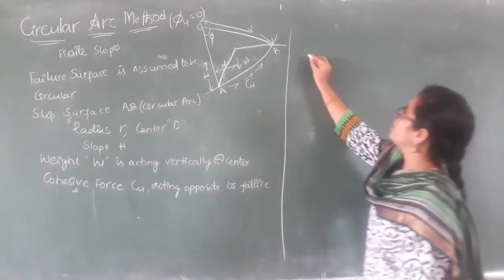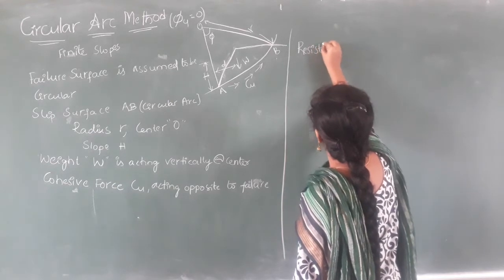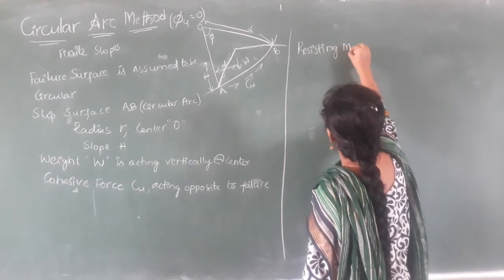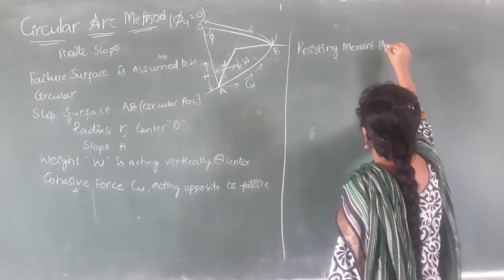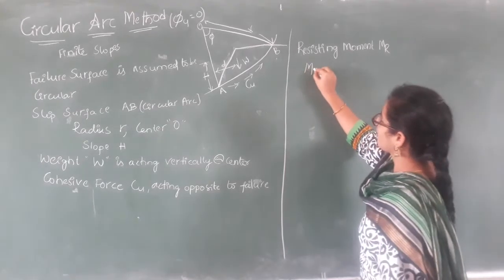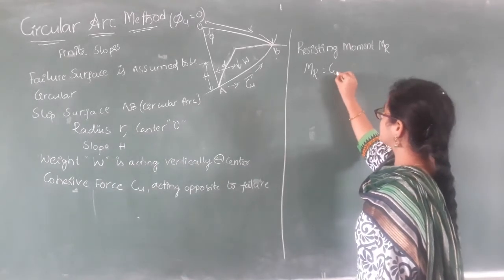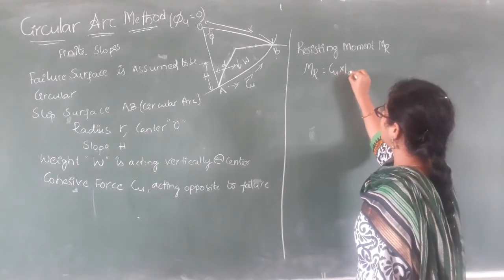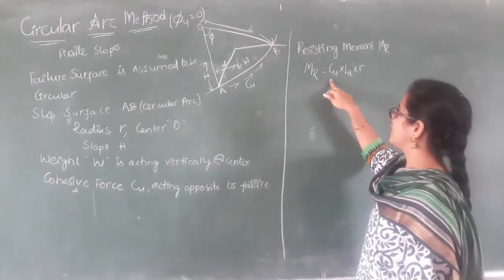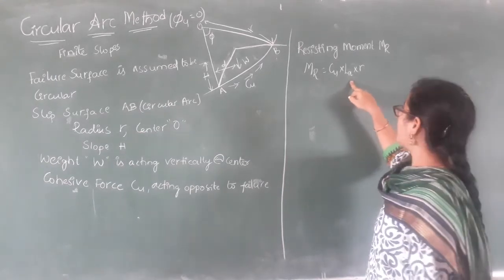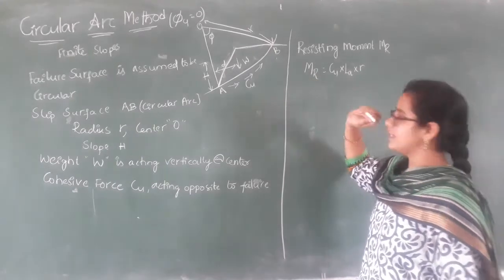The resisting moment MR is equal to Cu, the cohesive force, which is the resistive force, into La into R. Cu is the cohesive force in undrained condition, La is the length of the arc, R is the radius of the arc, and MR is the moment of resistance.